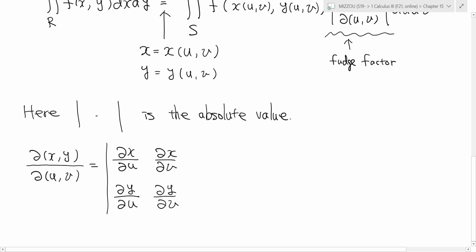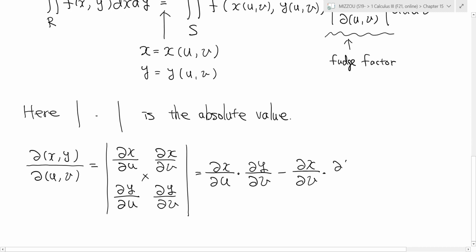And then take the determinant, remember? So this is the determinant. So you just multiply diagonally: partial x partial u times partial y partial v minus partial x partial v times partial y partial u.